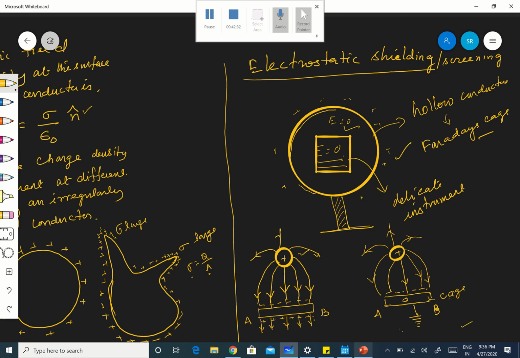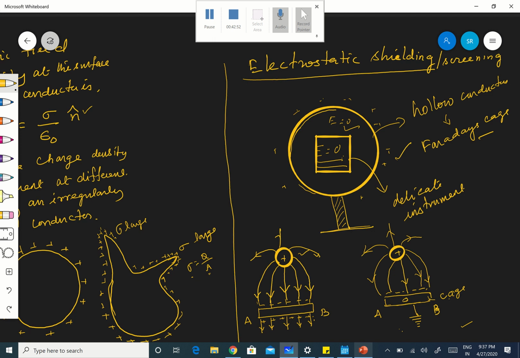But here also you can use this as a cage. If a high voltage generator is there, it generates high voltage. Therefore, how to protect it? It is very dangerous, no? So how to keep it?